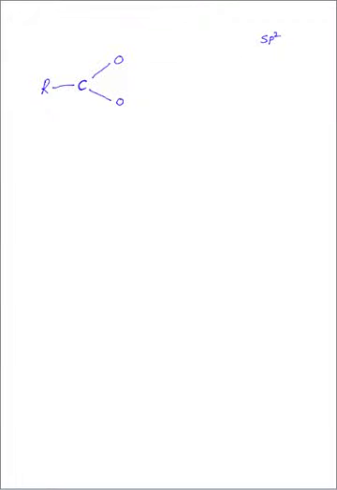Among that, one sp2 hybrid orbital overlaps with an sp2 hybrid orbital of oxygen and forms a sigma bond. Another hybrid orbital overlaps with oxygen and forms a sigma bond, and the third sp2 hybrid orbital forms a sigma bond with the hydrogen or carbon. So 3 sigma bonds are formed.